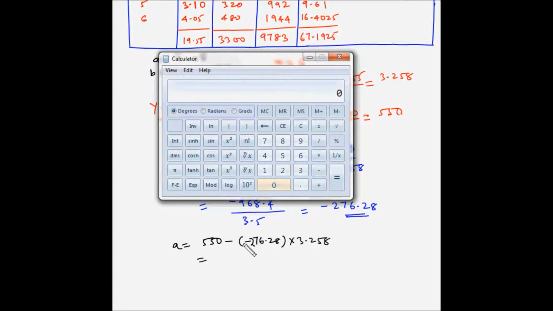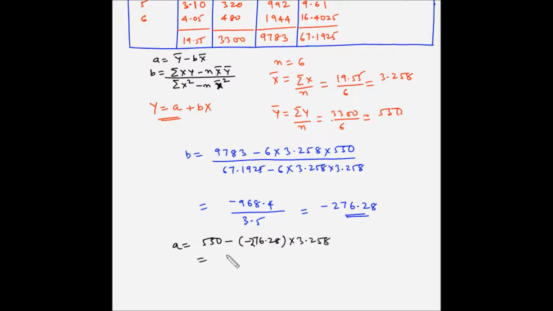So here minus minus becomes plus, so this becomes 550 plus 276.28 multiplied by 3.258. So 1450.12. So this is equal to 1450.12.